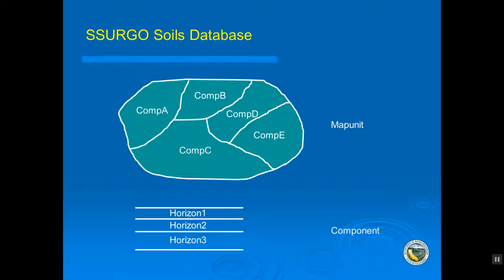Now you know the percentages of these components in the map unit, and maybe you can use those percentages as weighting factors to come up with a single hydraulic conductivity for your map unit. Now suddenly you have thousands of hydraulic conductivities in your map, right? When you click on the map, you can see your average hydraulic conductivity, average field capacity, and so on and so forth.